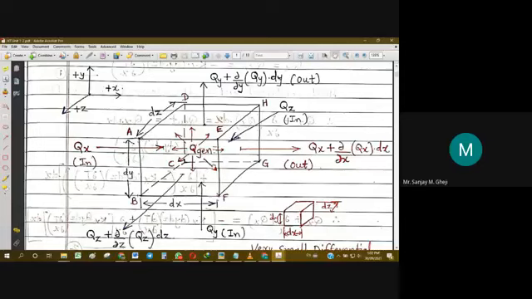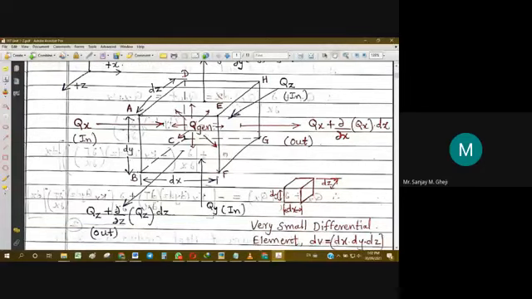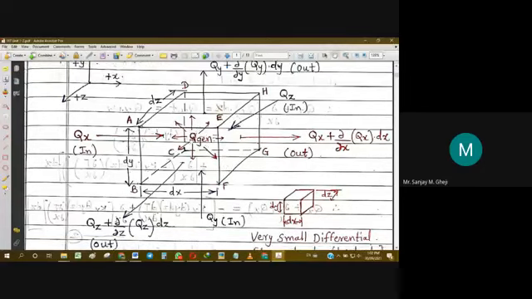In addition to this, there may be some internal heat generation inside this differential volume. It is shown like this. It is a uniform heat generation, which means that in all three directions the same heat is generated at the same rate, so it is distributed in a uniform fashion. So Qgen is the internal heat generation.